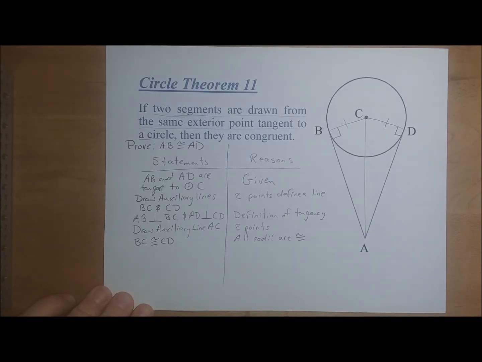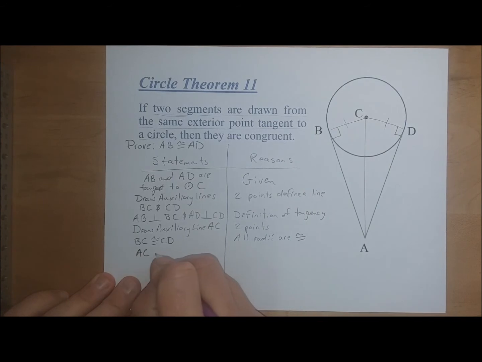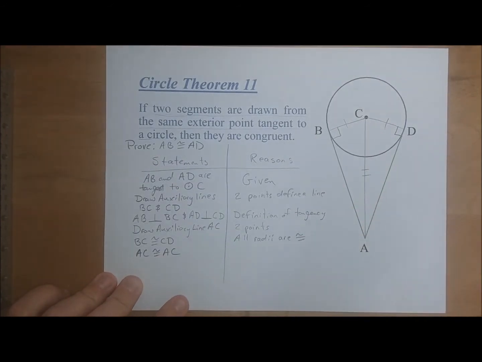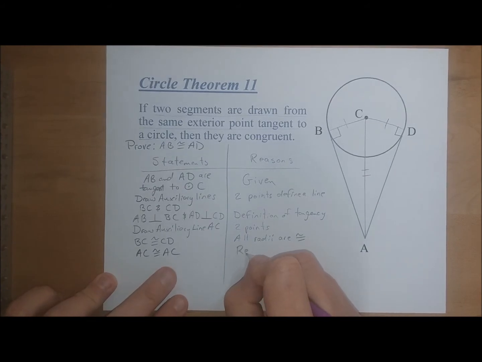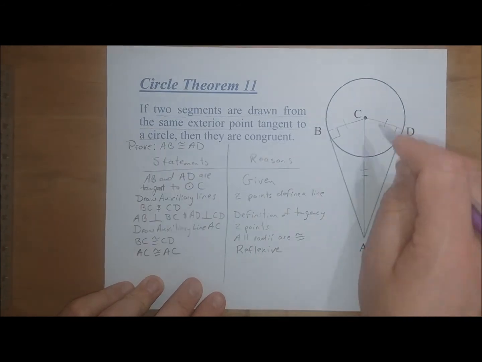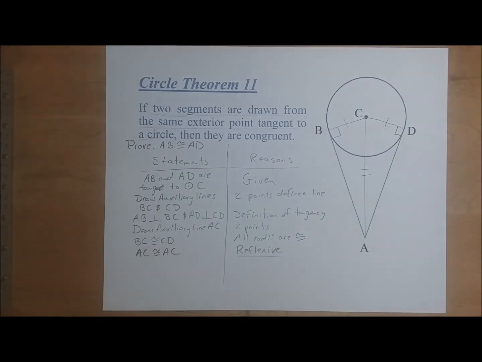Okay. I think that AC is congruent to itself. How do I know that? That's our reflexive property, right? Remember those reflexive pronouns? Things that refer to like myself, herself, itself. It is congruent to itself. That is our reflexive property.